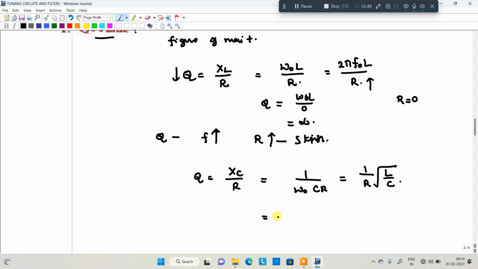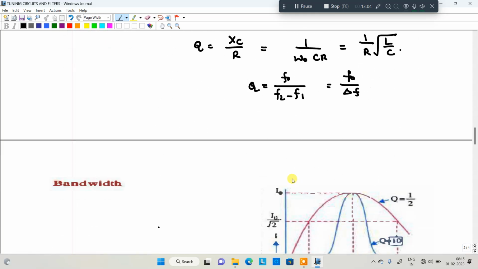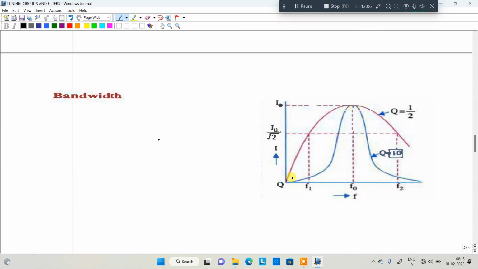That is also equivalent to F naught divided by F2 minus F1, that is, F naught divided by delta F. This is about the quality factor in the capacitor case. Is it okay? Next, we are moving to the bandwidth.